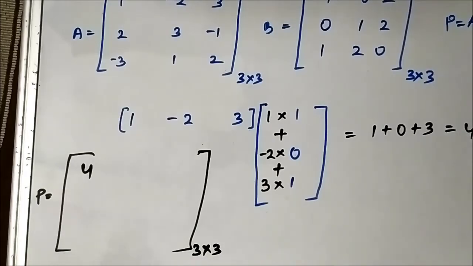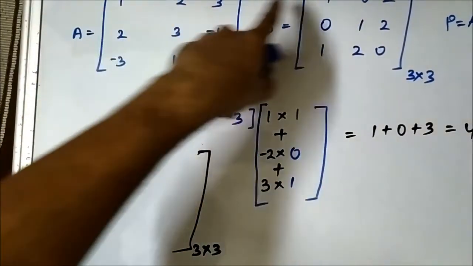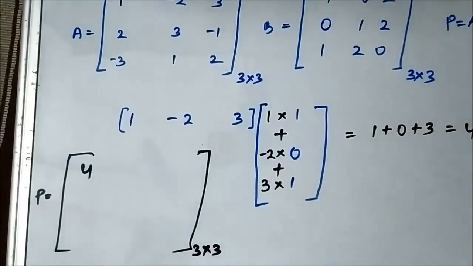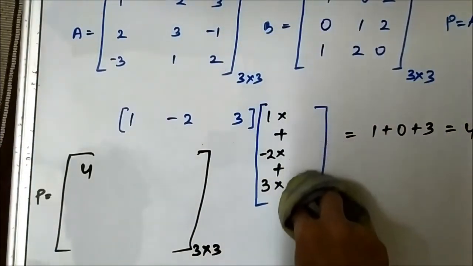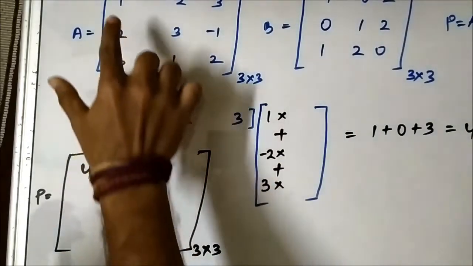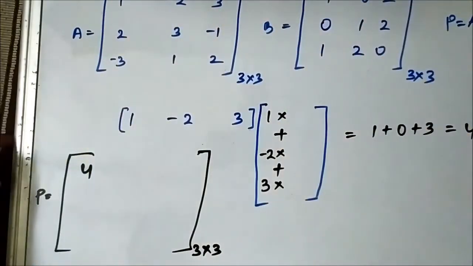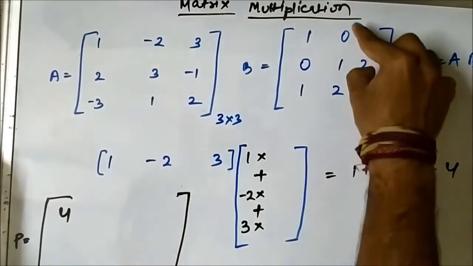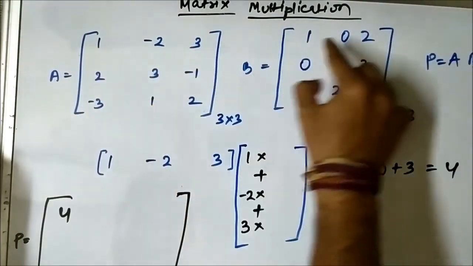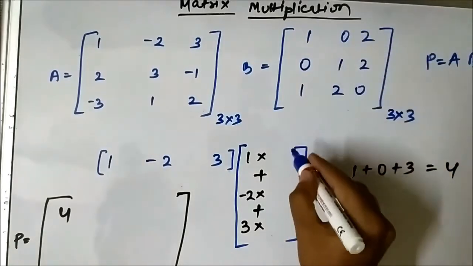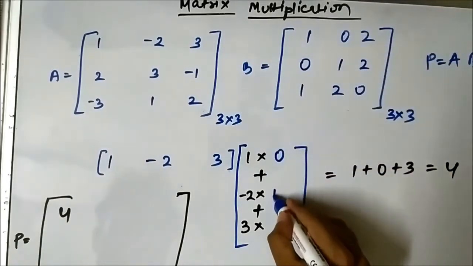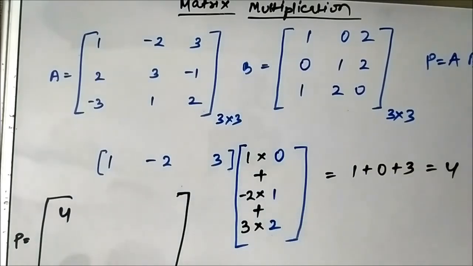Next, the first column operation is over, then we have 0 1 2, the first row with the second column. So this second column will come here, 0 1 2.